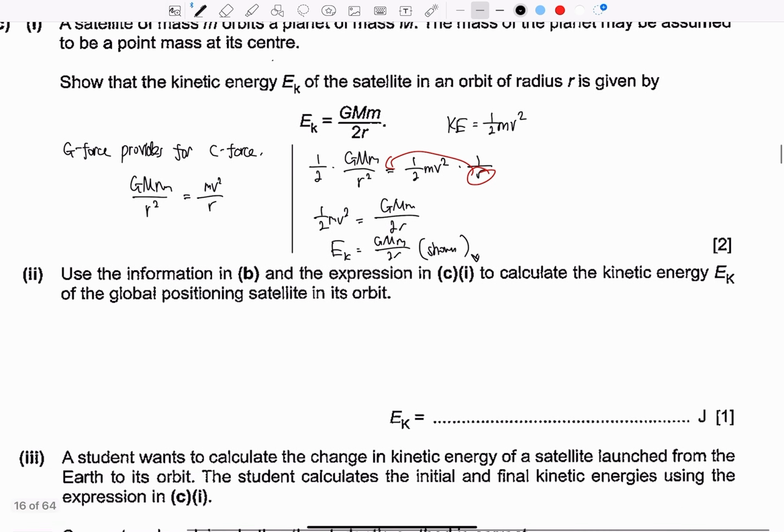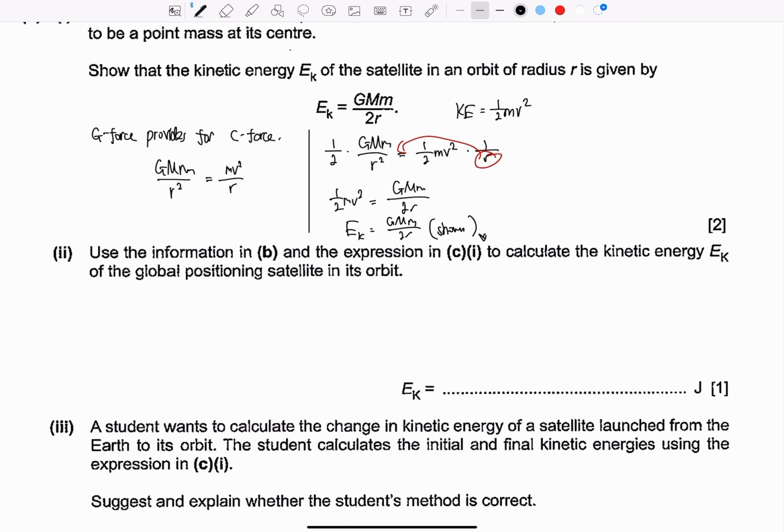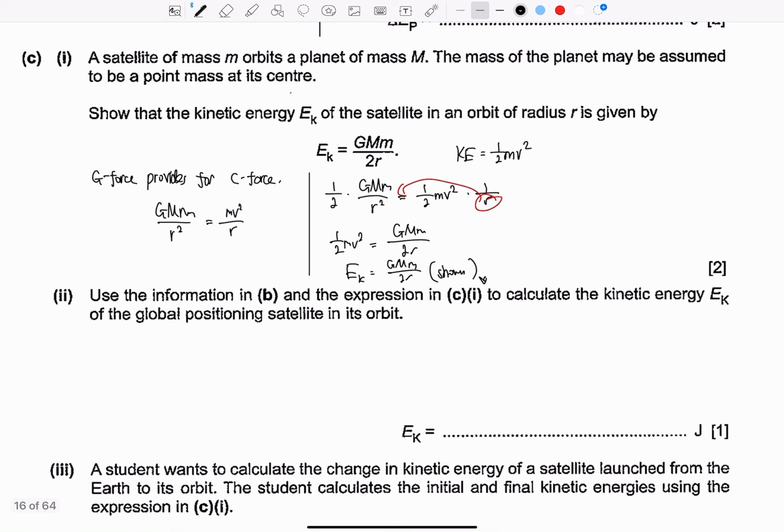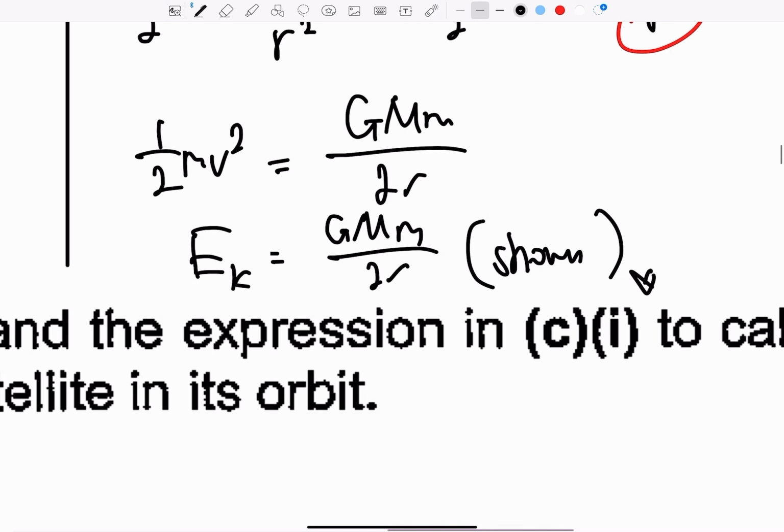Next, use the information in B and the expression in C part 1 to calculate Ke of the global positioning satellite. So what do we need? We need the mass of the planet, the mass of the satellite, as well as the radius of orbit.